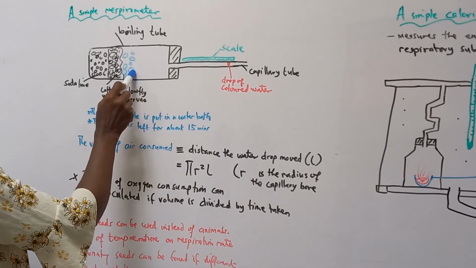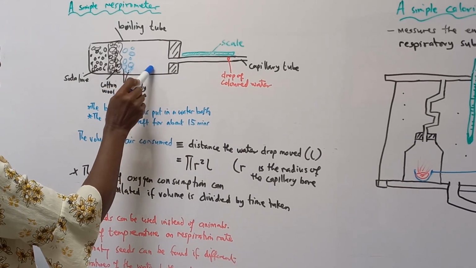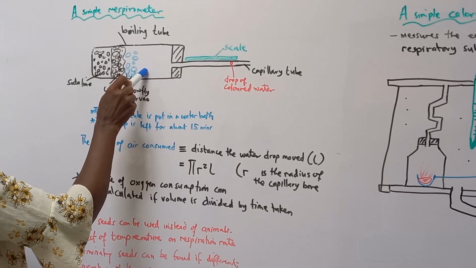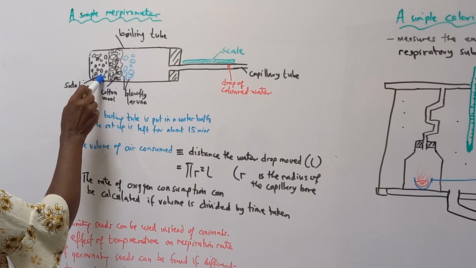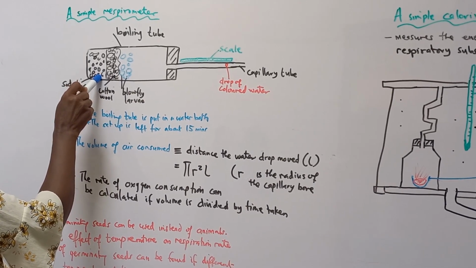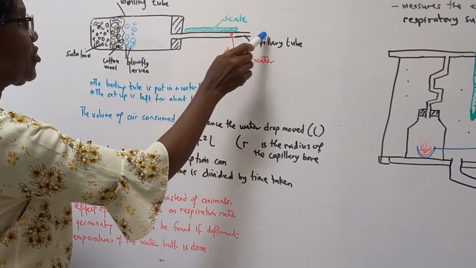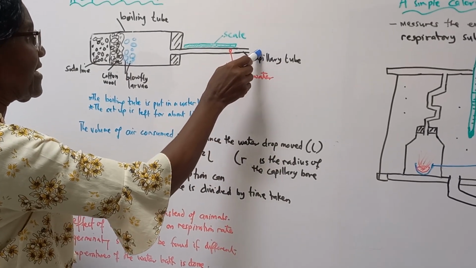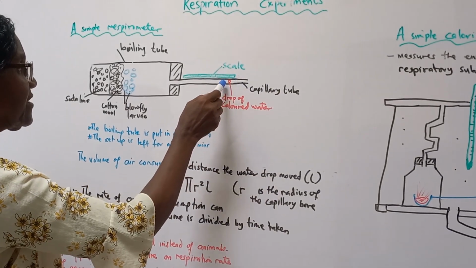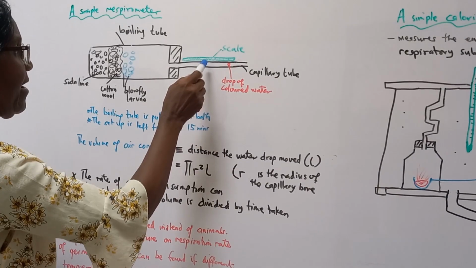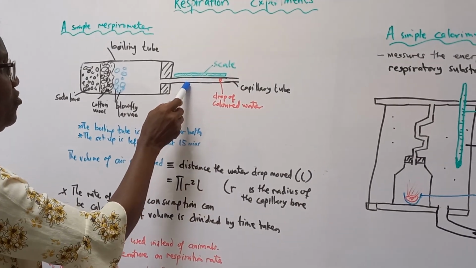The organism here will absorb oxygen in here to respire and produce carbon dioxide. The carbon dioxide will be absorbed by the soda lime. The pressure in here is reduced, and so atmospheric pressure is greater, so it presses on the drop of water, and the drop of water will move.